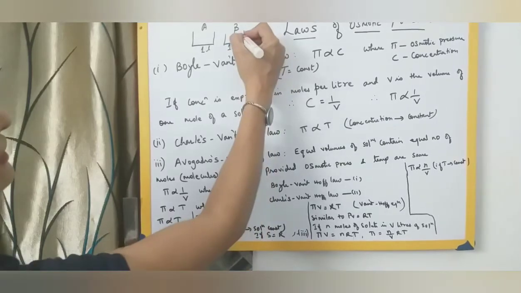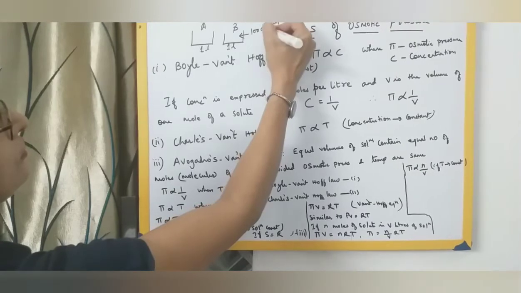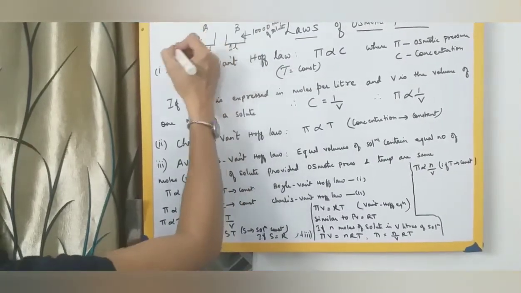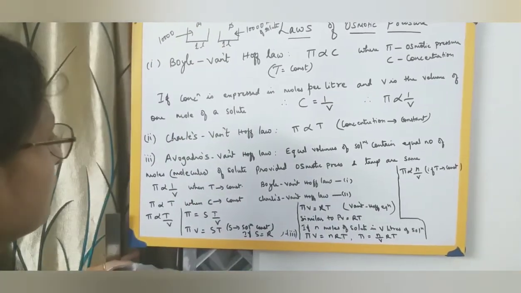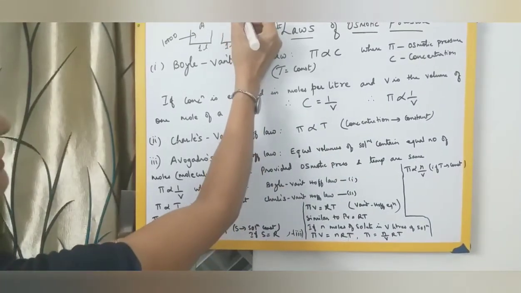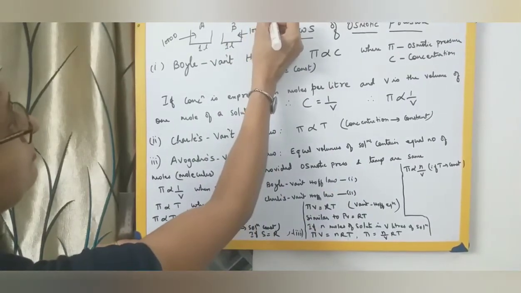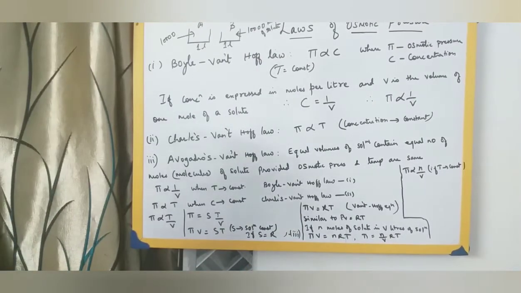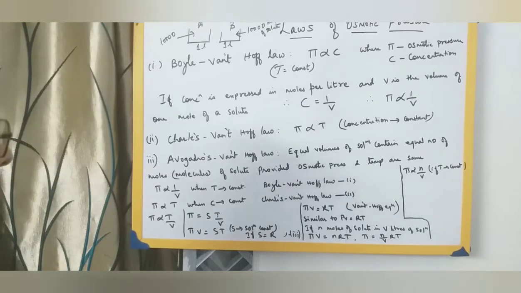Suppose this contains 10,000 molecules of the solute, then this solution will also be containing 10,000 molecules of the solute. This is the Avogadro's Van 't Hoff law, but its condition is that the osmotic pressure, that is pi, and the absolute temperature should be constant.